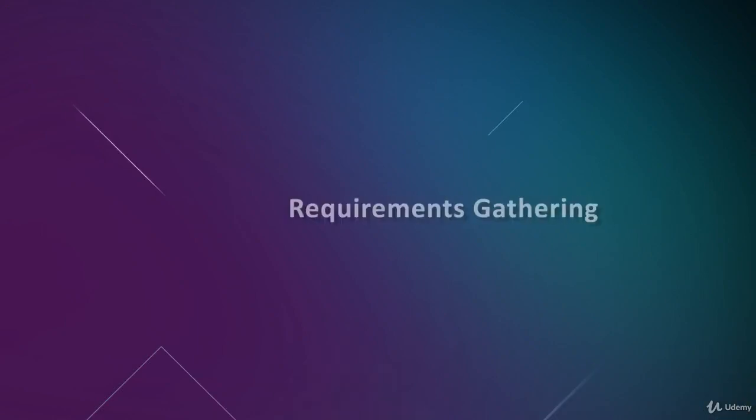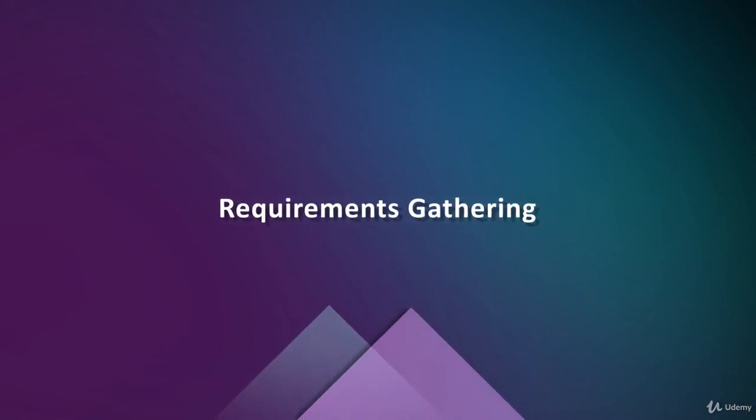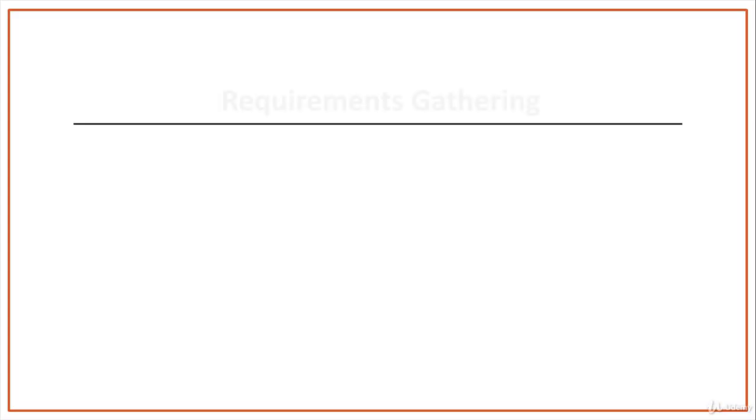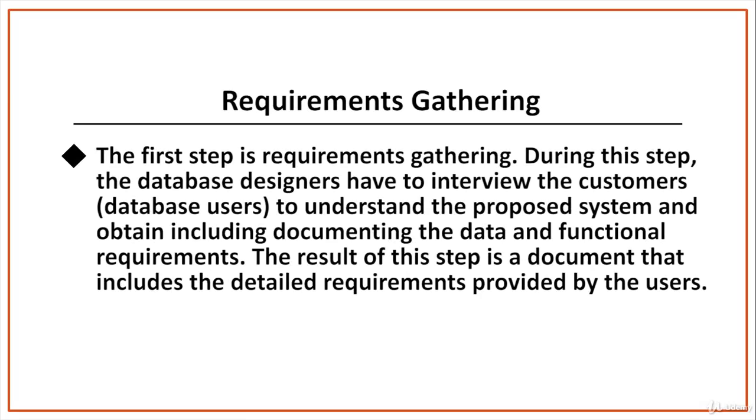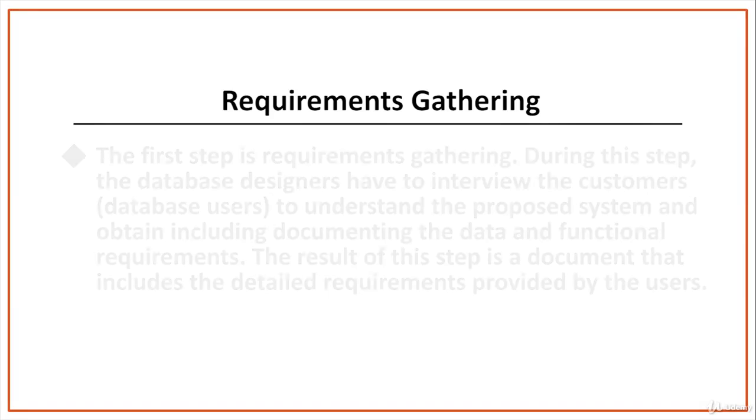The first step is requirements gathering. During this step, the database designers have to interview the customers or database users to understand the proposed system and obtain, including documenting, the data and functional requirements. The result of this step is a document that includes the detailed requirements provided by the users.